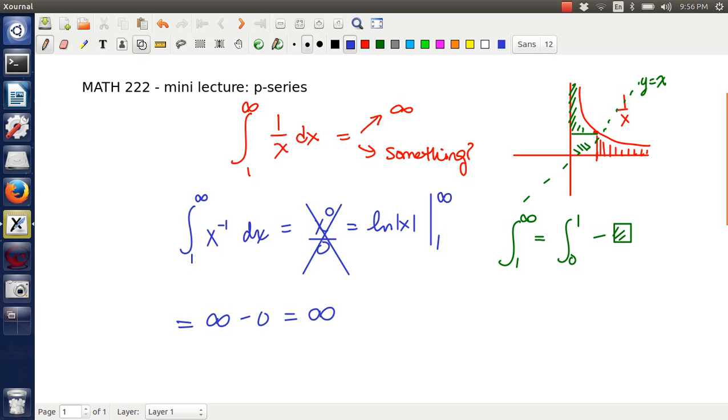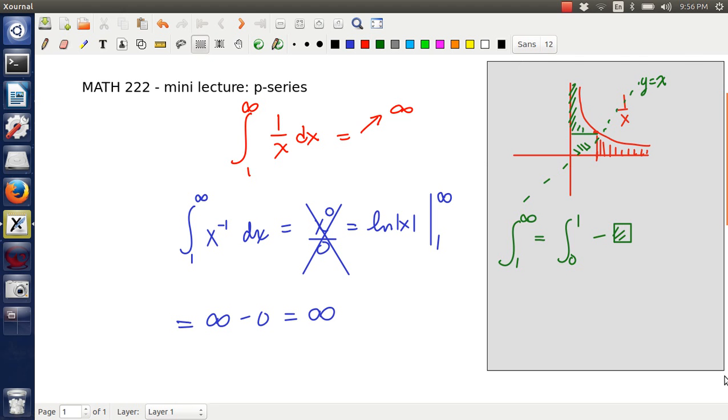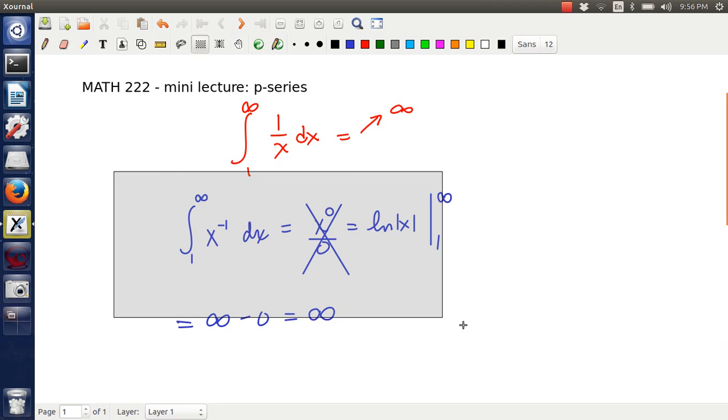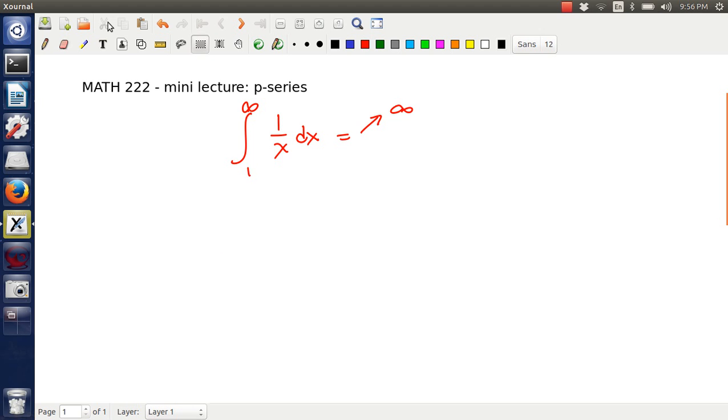And yeah, okay, I'm shortcutting the notation in a way which I allow you to shortcut the notation as well. So the take home from all this is this guy does not go to something. This guy definitely diverges. And because this specific one is special, the integral from 0 to 1 also diverges.